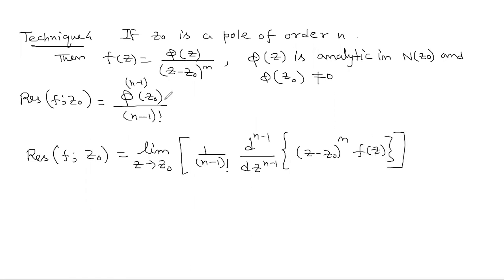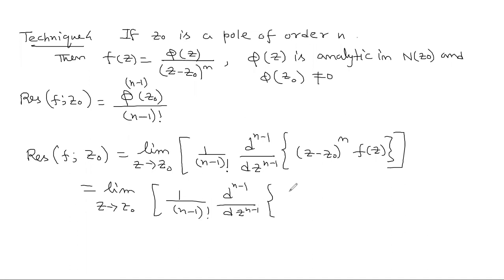So here if we write f(z) as phi(z) by (z - z0)^n, it is limit z tends to z0 of 1 by (n - 1) factorial d^(n-1)/dz^(n-1) of (z - z0)^n into phi(z) by (z - z0)^n.